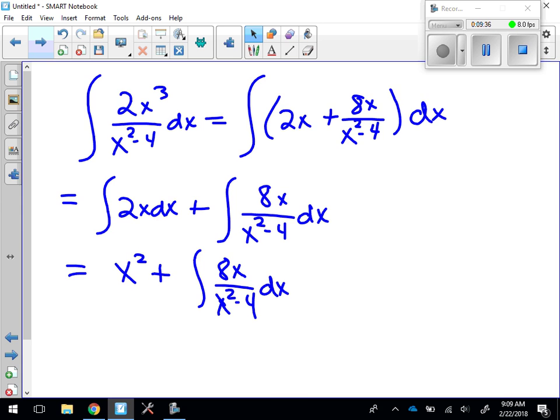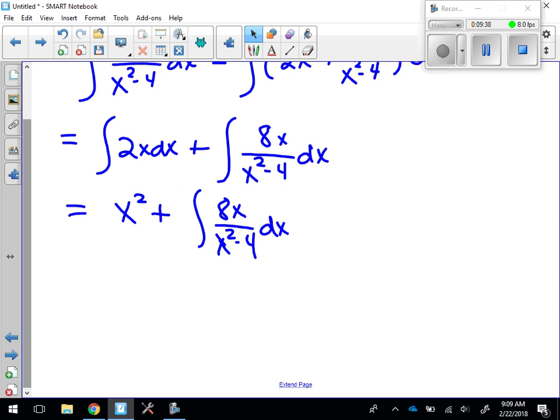Now, you ask yourself again, can I integrate that by inspection? No. Use substitution. Really? What would you let u be equal to? Priya, what would you let u be equal to?